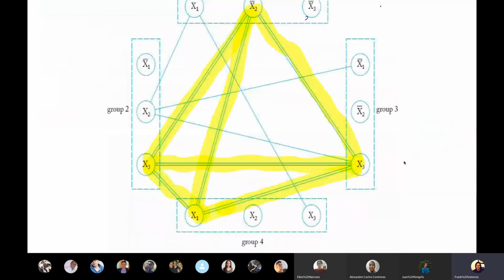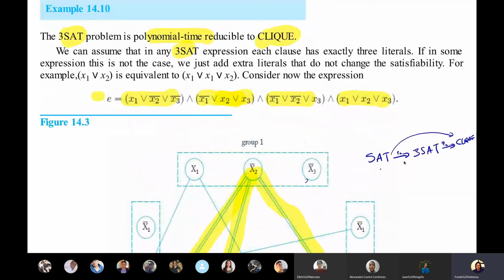Where is my, okay, so this is a particular instance, right? This is the input to a non-deterministic algorithm. I assign each one of these three variables a Boolean value. For example, x1 true, x2 true, and x3 false.